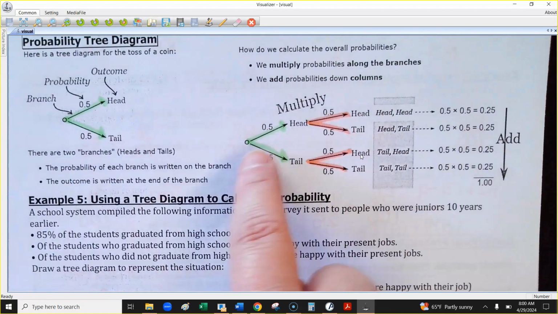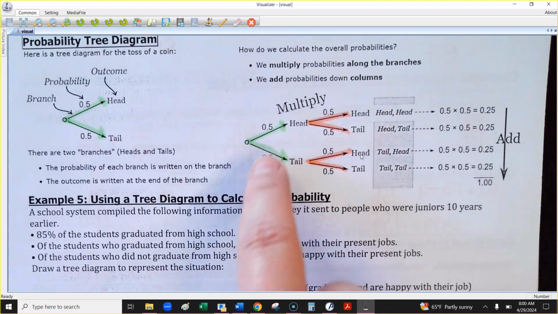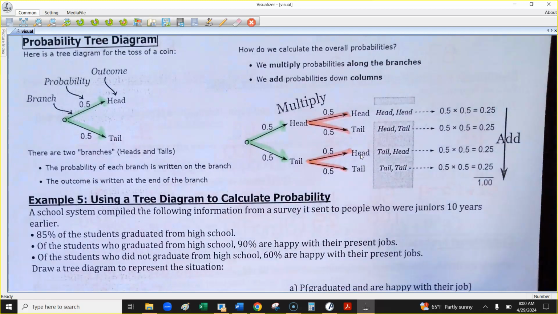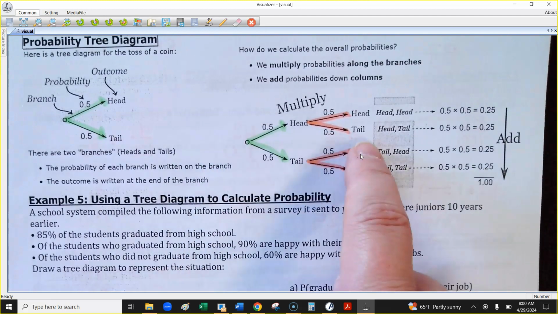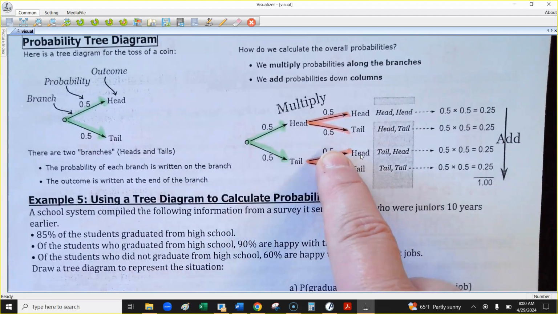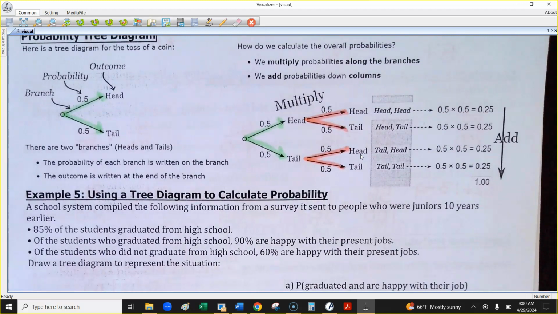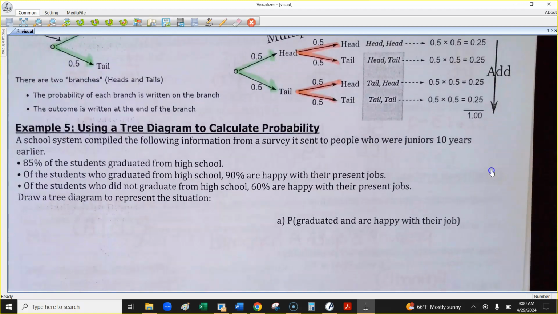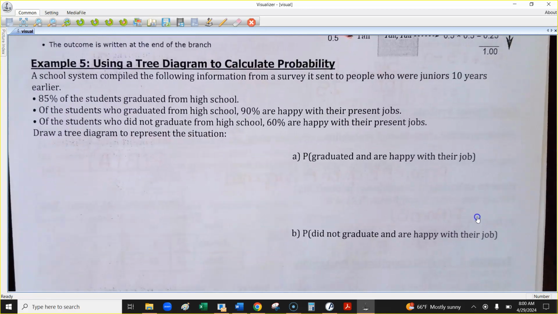So heads twice would be 0.5 times 0.5. This is maybe not the greatest example because all these probabilities are the same, but if I wanted the probability of flipping tails and then heads, it would be 0.5 times 0.5. I would calculate the probability by multiplying those decimals along the branch for what you want. We're going to do one that has some different probabilities, so hopefully that'll make more sense when I show you the multiplication.